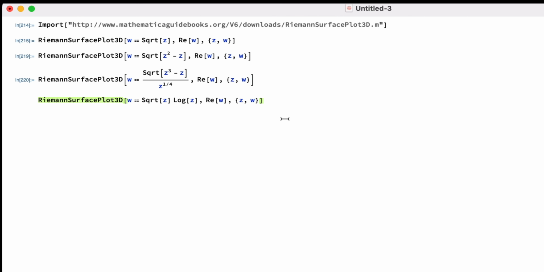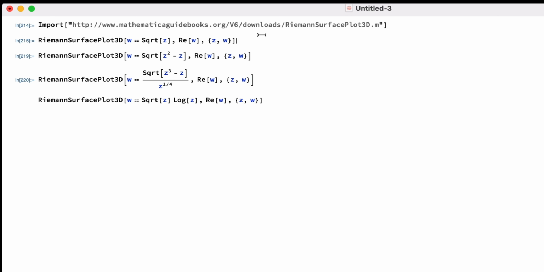Okay, so here I've got 4 examples of plotting Riemann surfaces using Mathematica. So the first thing that you want to do in order to plot a Riemann surface with Mathematica is to import the following function. So you'll just copy this import command from this website. So essentially what it does is it tells Mathematica how to use this RiemannSurfacePlot3D function.